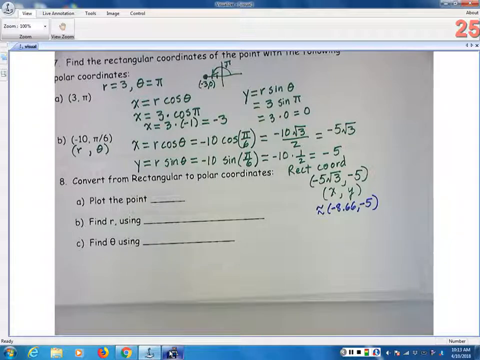And you can convert back the other way, but when we convert from rectangular to polar, there are many representations.